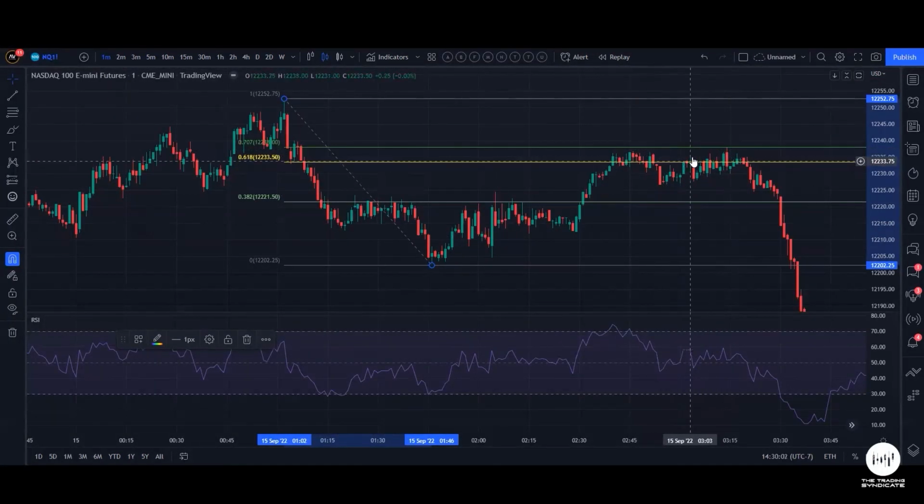So a very strong opportunity when you're playing reversals is to use the 0.707 as a stop loss, or if you're playing continuations through the level, just wait for the candlestick close above the level and play that to the upside in a situation like this.